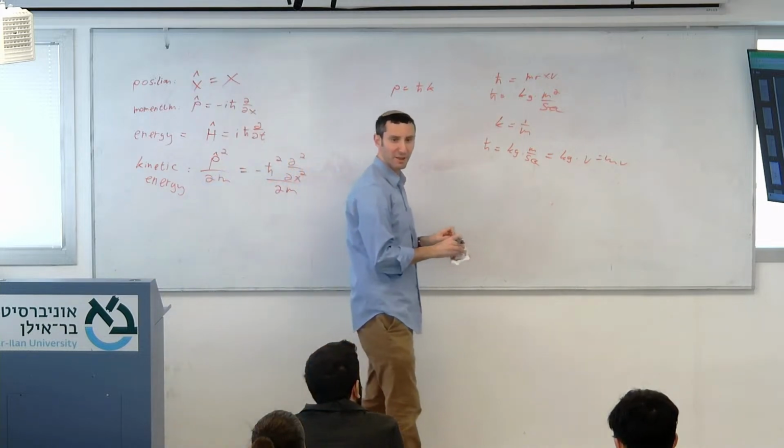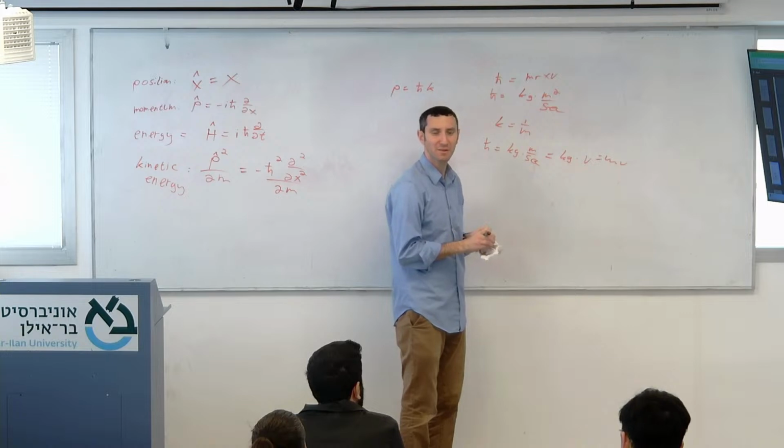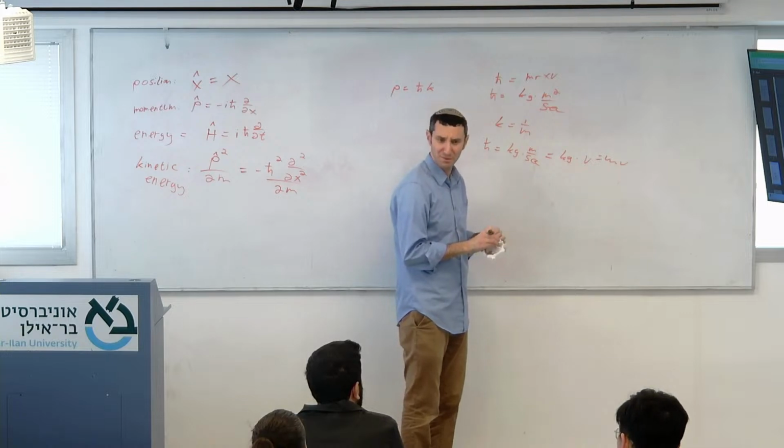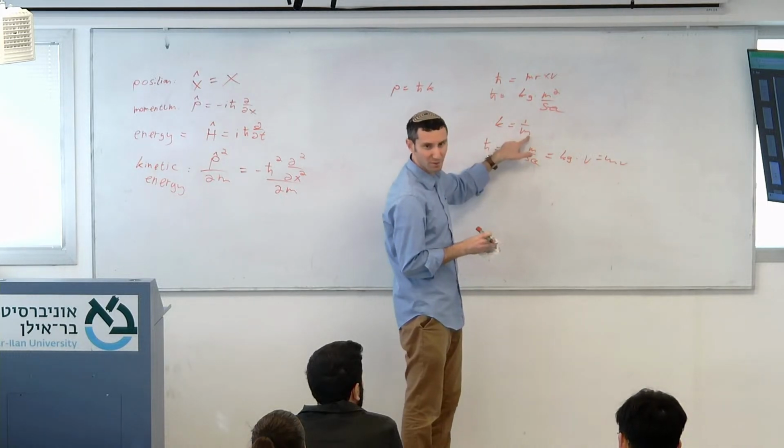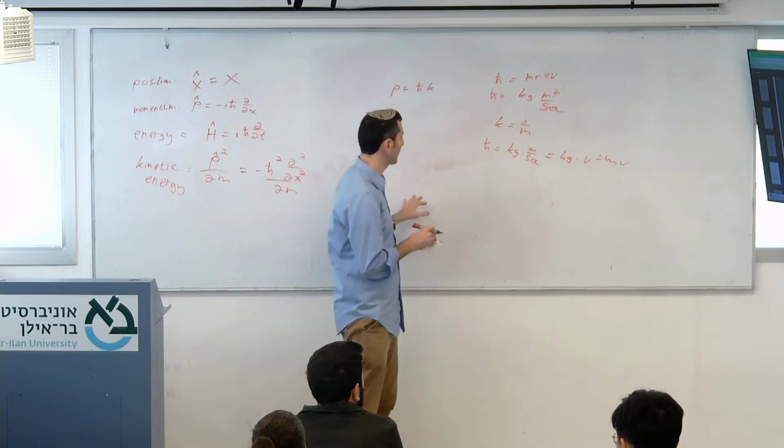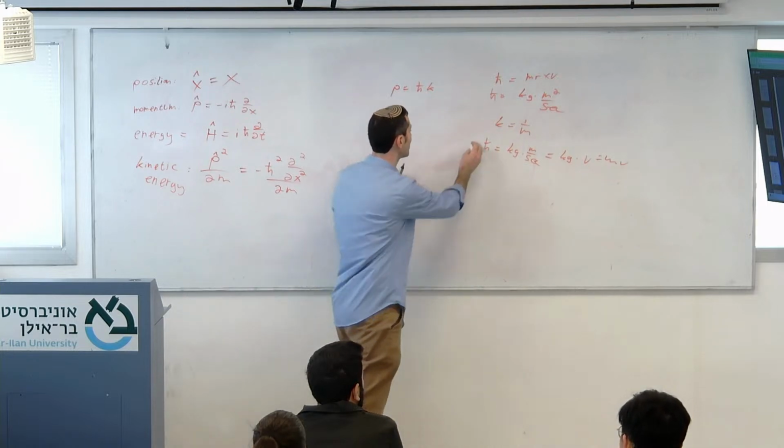This is good. I love units. It shouldn't really be that because the units of p and the units of h bar are not the same. Exactly, because k fixes the unit, because k is 1 over meter.